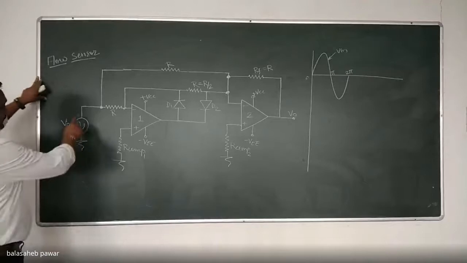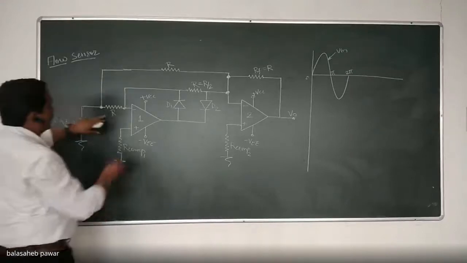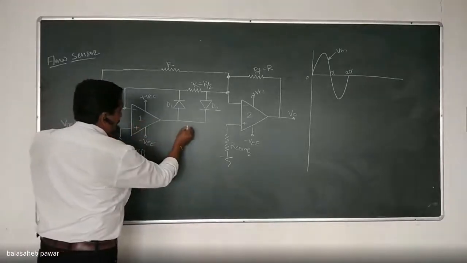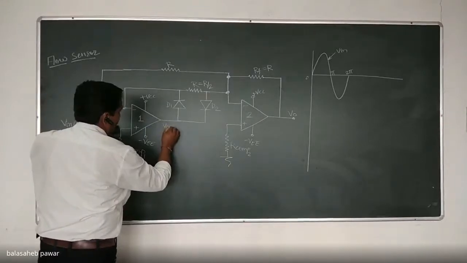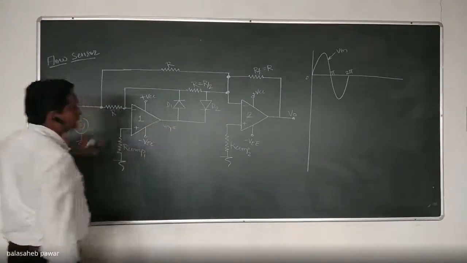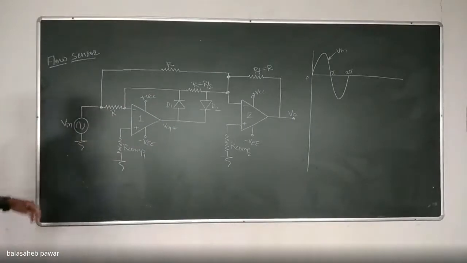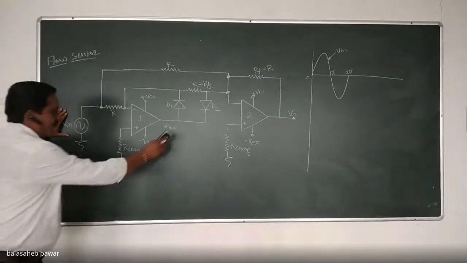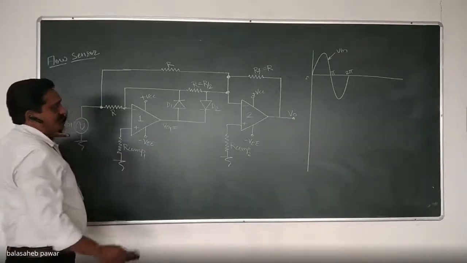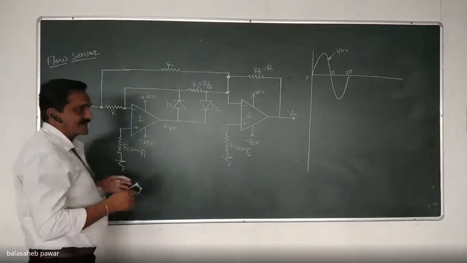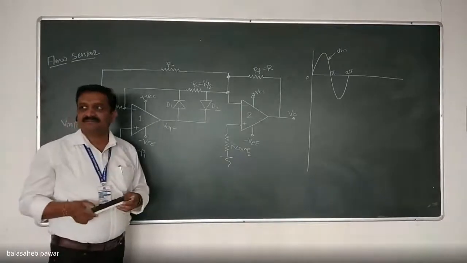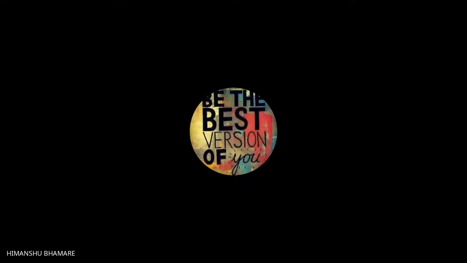So during the first positive half cycle, the output of the first op amp, we will call it VO1. During the positive half of input, what will be the output of the first op amp? Will it be the same positive half cycle or negative half cycle?